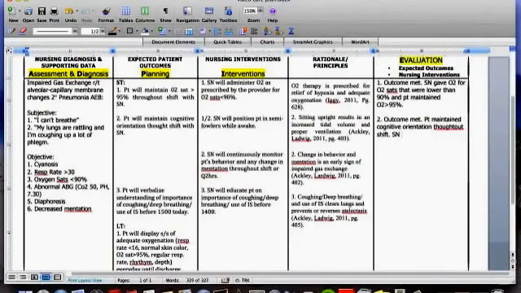Because the student nurse continuously monitored patient for mentation changes and gave adequate O2, and kept in semi-Fowler's position for better ventilation and perfusion. Cool. What about my third goal?